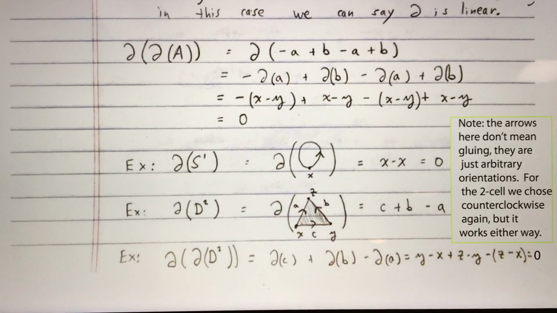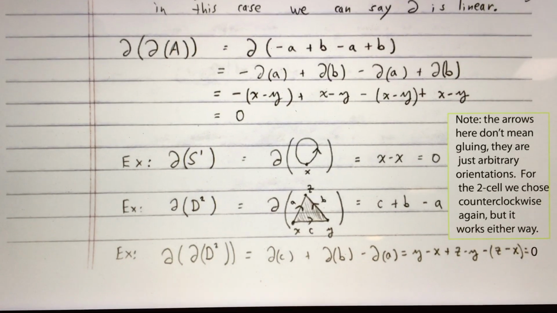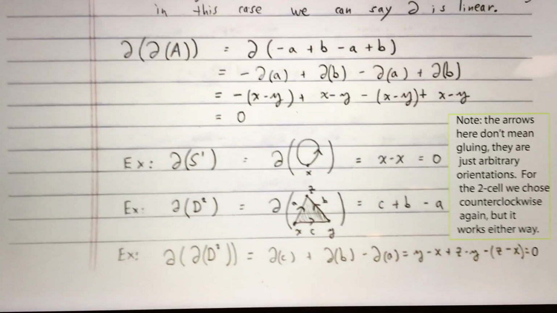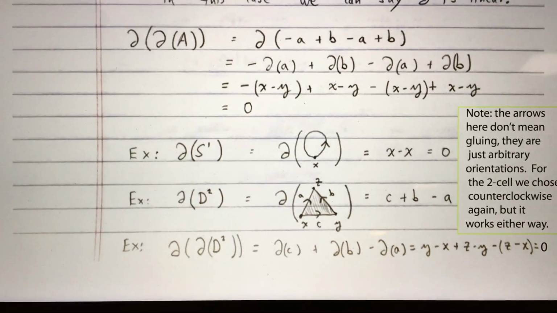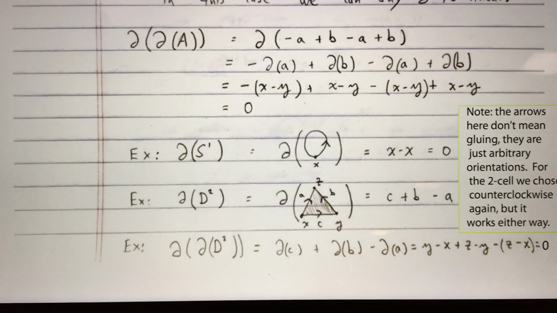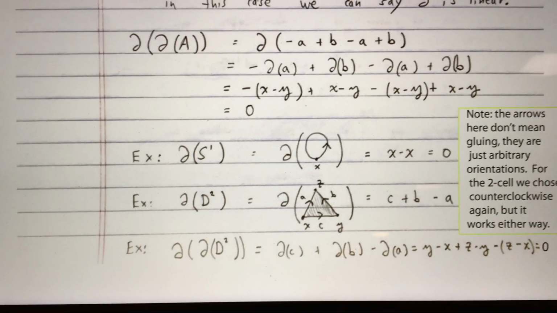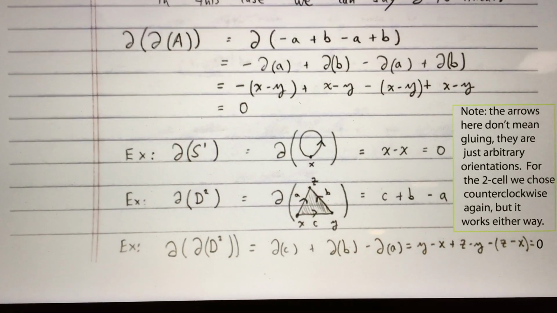You could go clockwise and it would work just as well, but you have to pick an orientation of the 2 cell. And then I also have to pick a starting point. That's also arbitrary, but I picked x again. And then following the boundary counterclockwise, you have C going with the arrow, plus B, and then minus A because it's against the direction of the arrow.